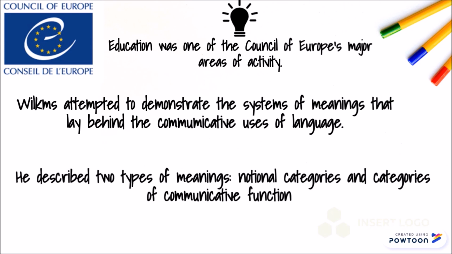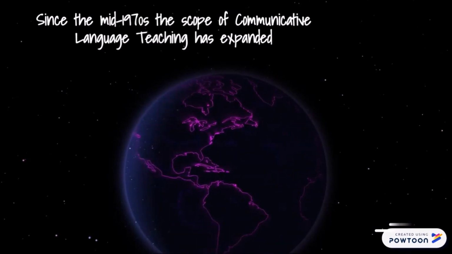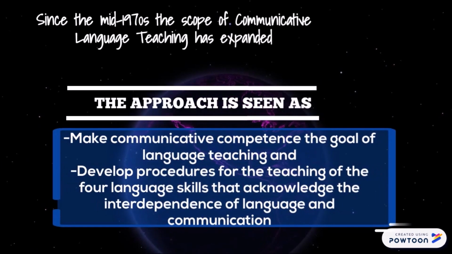Wilkins wrote a document which had a significant impact on the development of communicative language teaching. Wilkins' contribution was an analysis of the communicative meanings that a language learner needs to understand and express. Both American and British proponents see the approach in two ways.